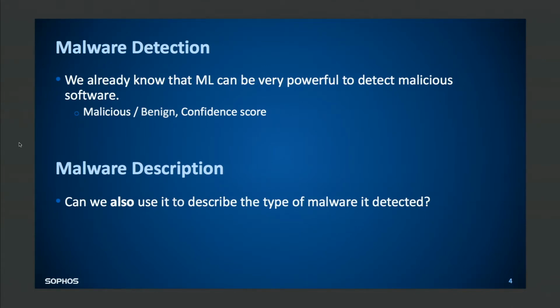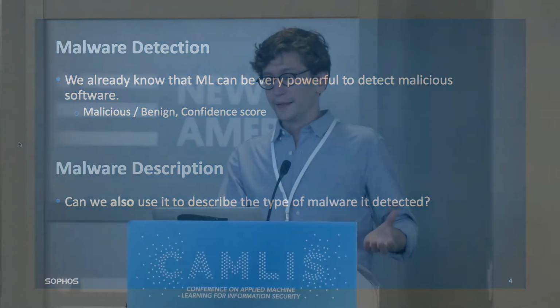So I want not only to say, this is a malicious sample, but maybe this is ransomware, or this is spyware, or give more information about it that can help the consumer of that data to identify possible remediations and see how to go about the attack that is underway.